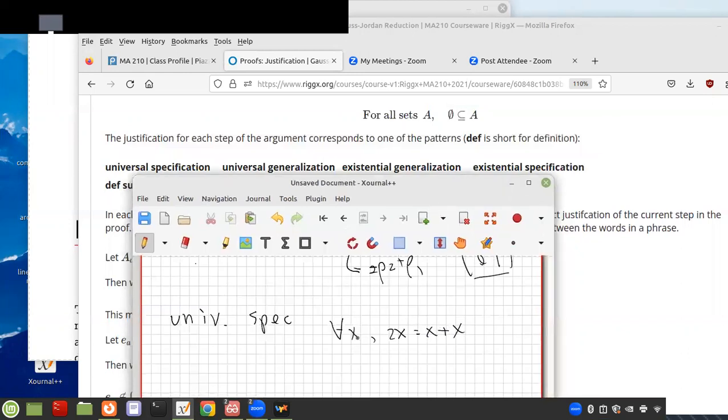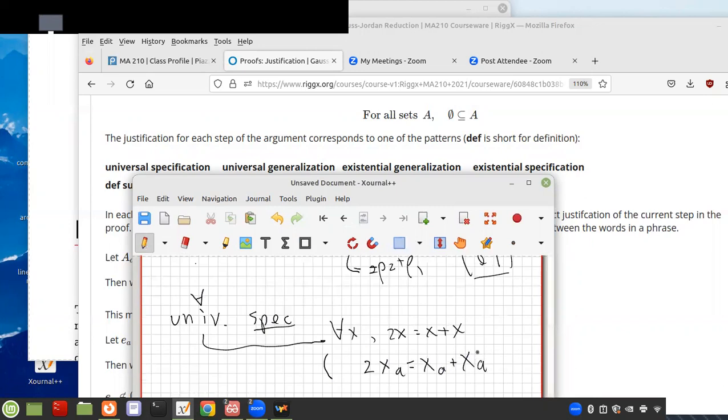So here's a proposition. The idea here is that this is a universal statement. It's saying something about everything. Specification is saying that I can replace this with a particular but arbitrary value.